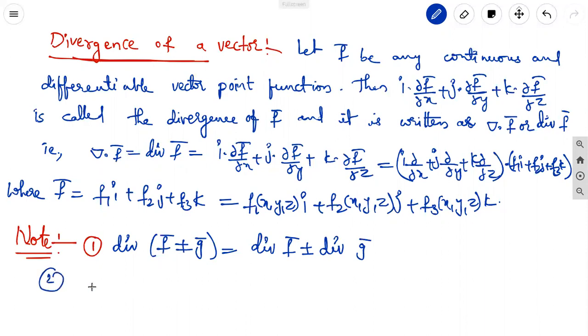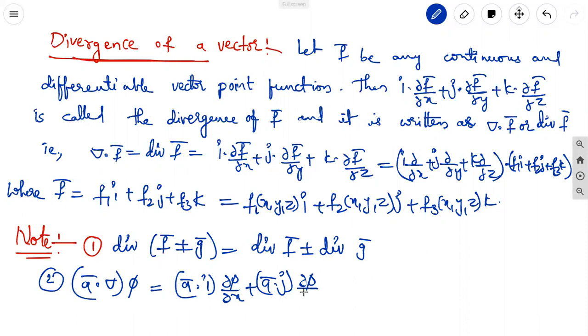Second one is a vector dot del of phi is equal to a vector dot i into dou phi by dou x plus a vector dot j into dou phi by dou y plus a vector dot k into dou phi by dou z.